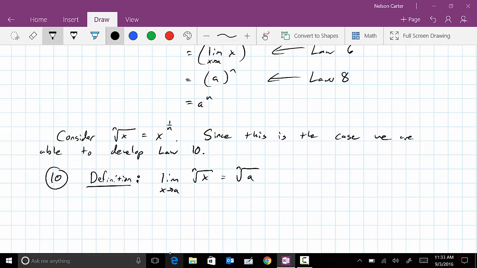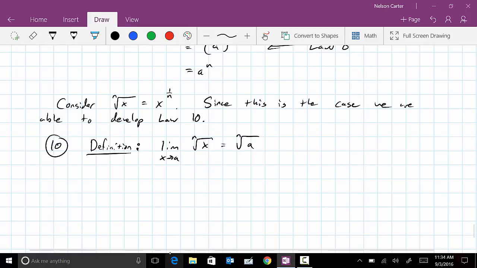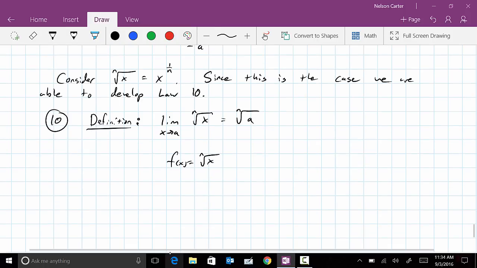Okay, and really what you could do is you could say, in effect, we're using Law 6 and Law 8 again, because in this case the function f of x is equal to the nth root of x. And so that means that you have that the limit as x approaches a of f of x is going to equal some value b.